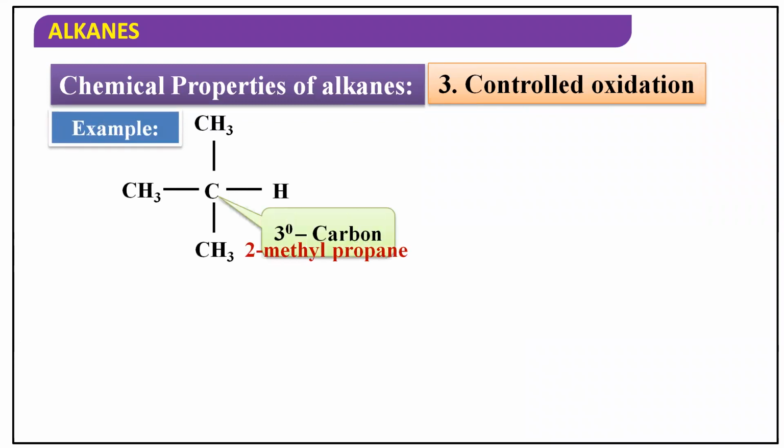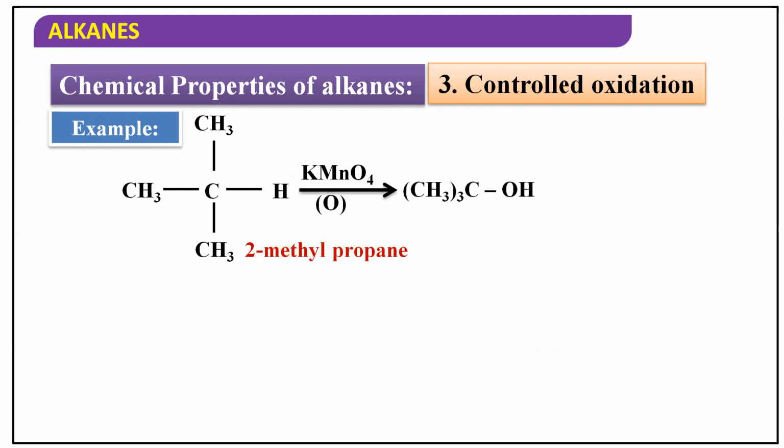Similarly, this is a 3-degree carbon, 2-methyl propane, with a 3-degree hydrogen. With KMnO4 oxidation, OH is formed. So H is replaced by OH, giving a 3-degree alcohol.